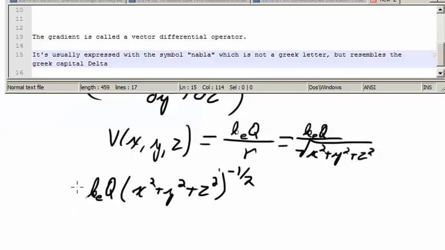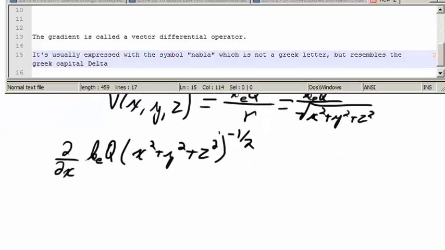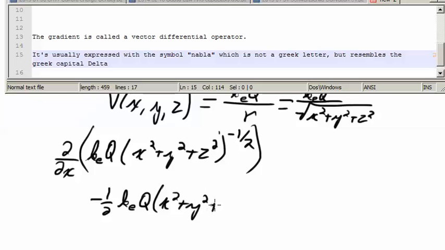And I'm going to take the derivative with respect to x first. When we take a derivative, we multiply by that exponent. So we'll have negative 1/2 k sub e q times x squared plus y squared plus z squared to the power of negative 3/2.